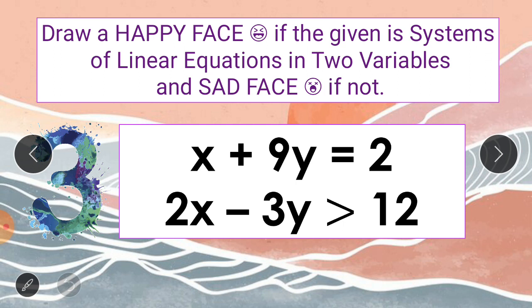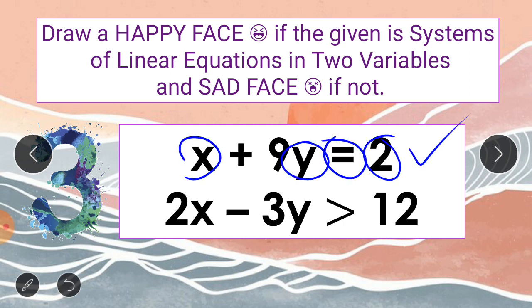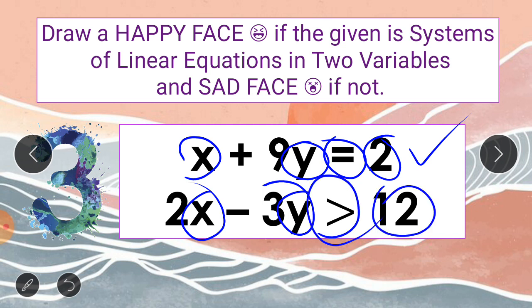The first equation has x, y, an equal sign, and a constant. So check. This is a linear equation in two variables. The second one has x, y, and a constant, but the relationship symbol used here is greater than.